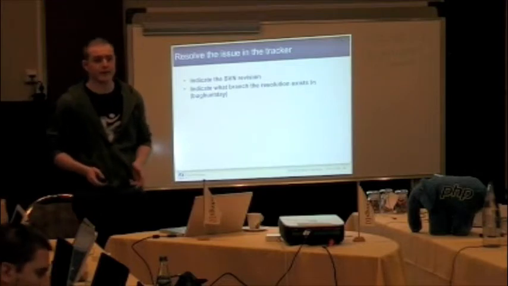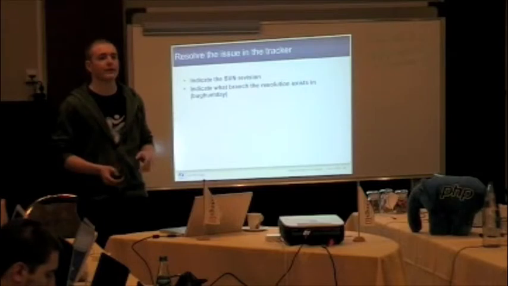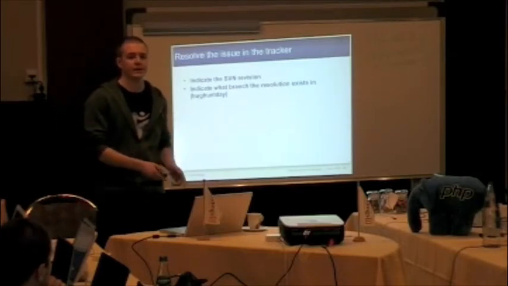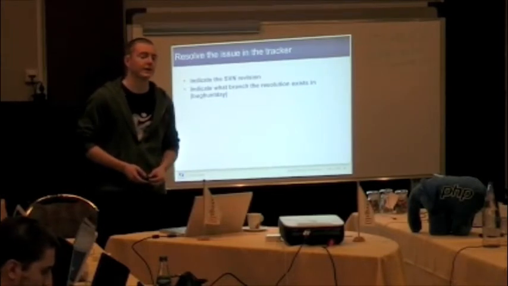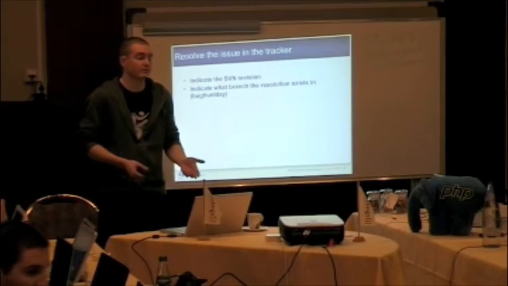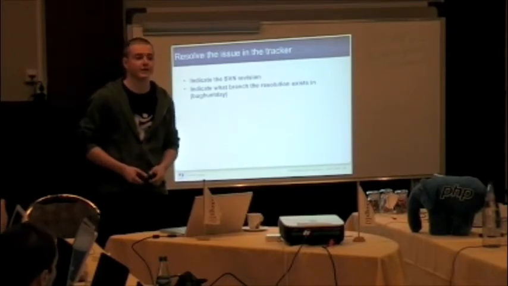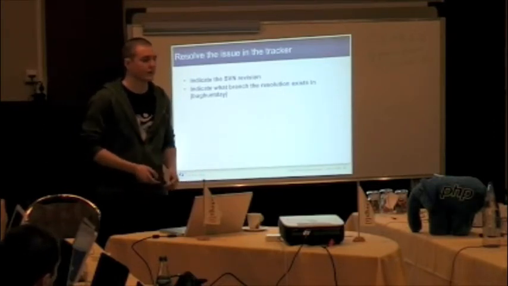Also for today, it will be required to mention that you fixed this in the bug hunt branch. Afterwards, people at Zend will browse through all the fixes, all the changes, and will accept, or hopefully not reject, some of the patches. So they need to be able to see that this is work that's been done today.